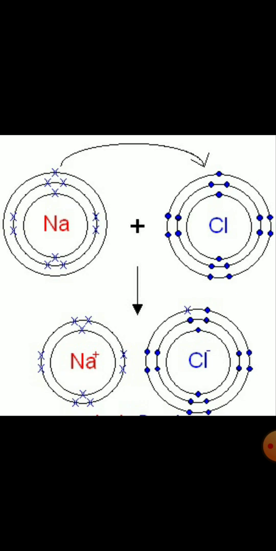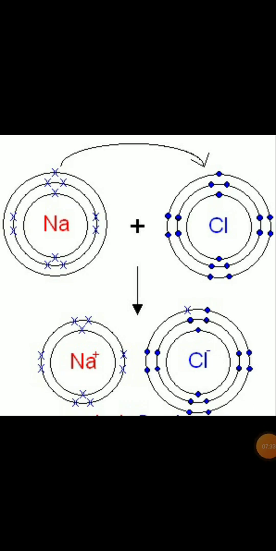So there is a give and take relation between sodium and chlorine. Remember this word. There is a give and take process between sodium and chlorine. Sodium is giving, chlorine is accepting.